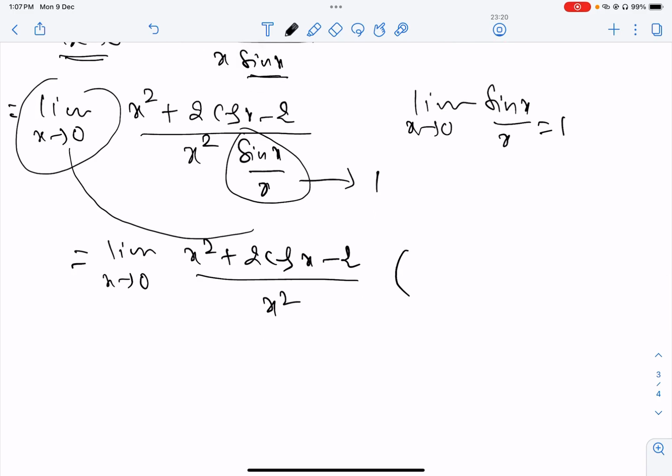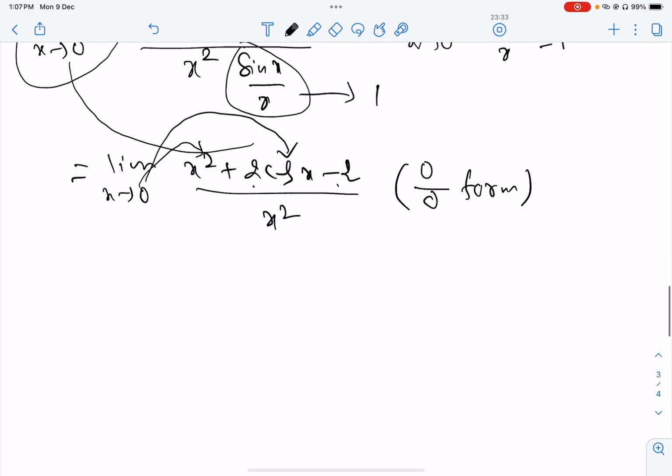And if we take limit x tends to 0, then cosine 0 is 1, so this is 2 minus 2, that is 0, and divided by x square, so this is 0 by 0 form, and we apply the L'Hopital rule.